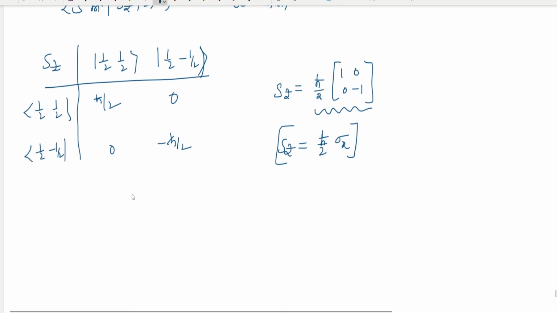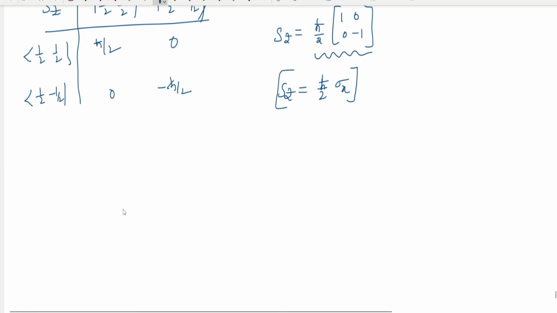Okay. So in a similar way, let us explain S plus. Here I'm going to go directly, since you already know the formulas.